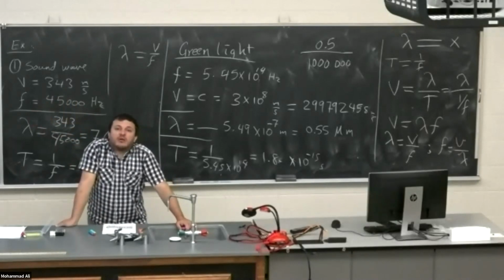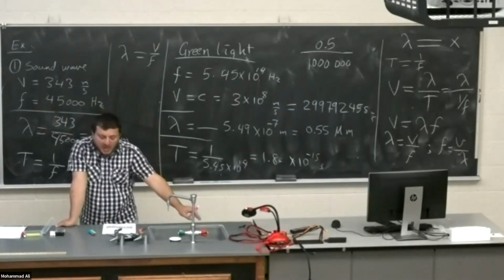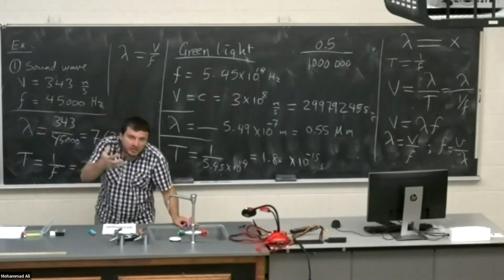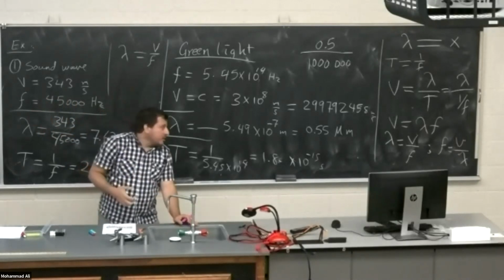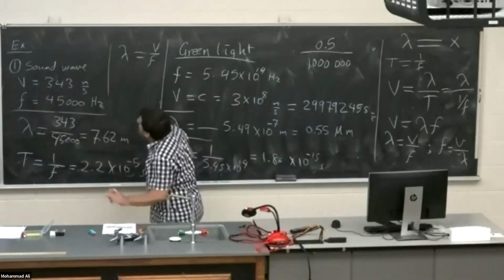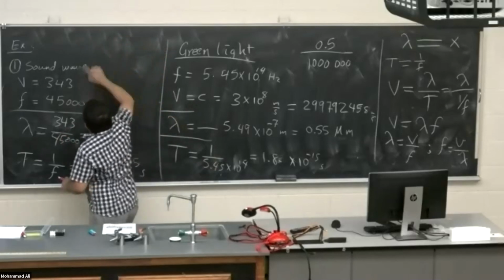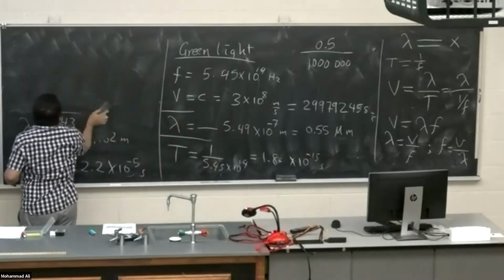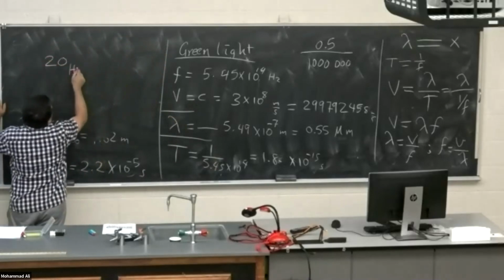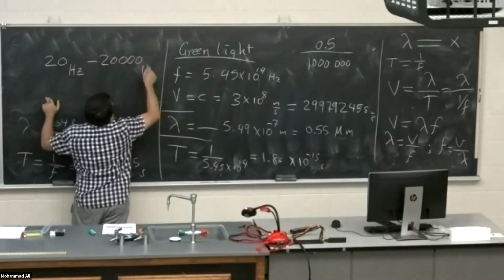Now for the sound waves, we have 3 bands or 3 types of sound waves, as you see. We have the sonic, or the audible to us. We will talk about the frequency. A human can hear frequency from 20 hertz to 20,000, I think, hertz.